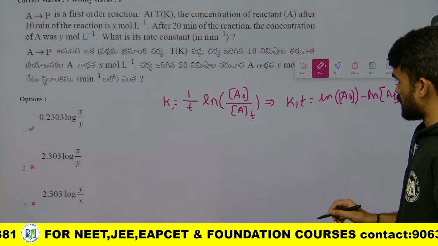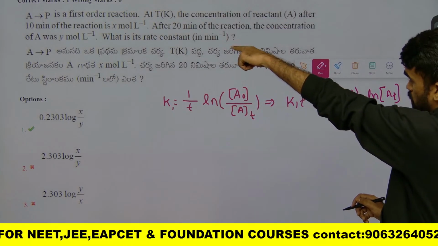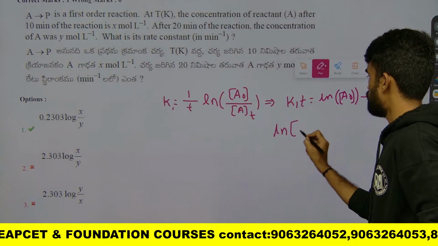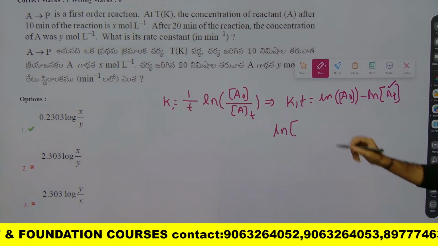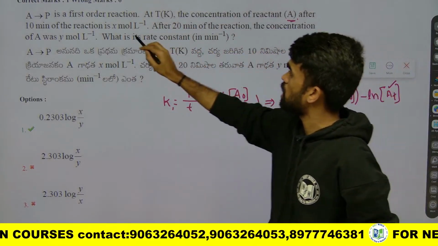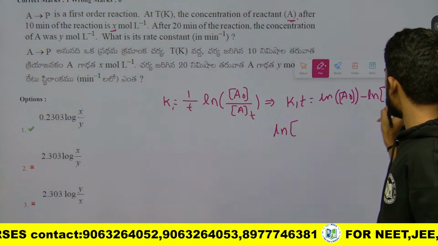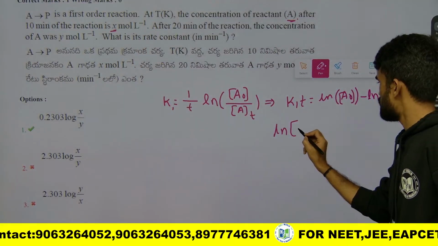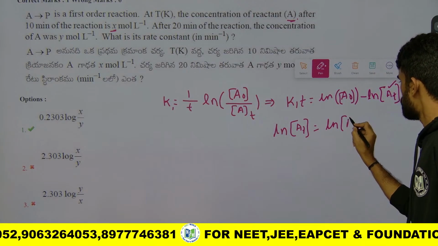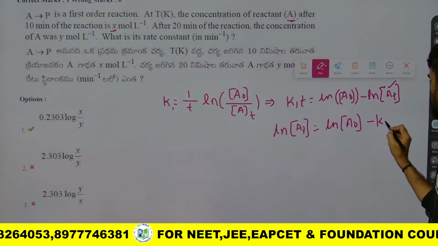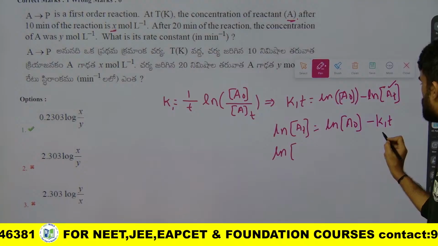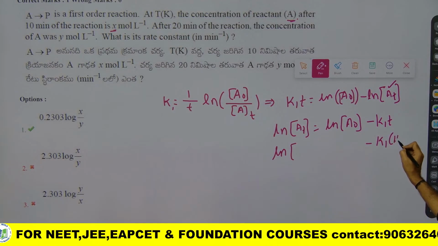Okay. So from this just substitute whatever values they have given. So from that we will get ln A at time t. What is the concentration of A at time t? See, they have mentioned after 10 minutes the concentration of A is X. So I can write ln of At equals ln A0 minus K1 t. Now put the value at 10 minutes, so K1 times 10.